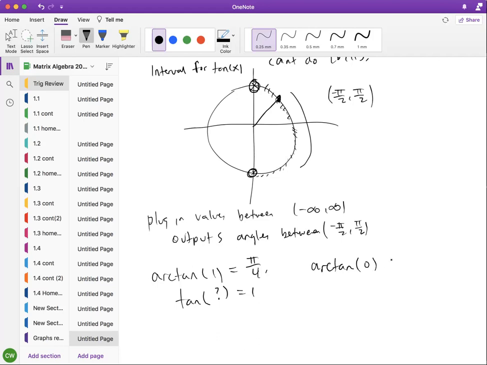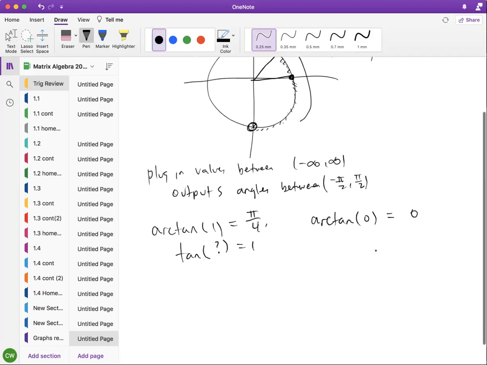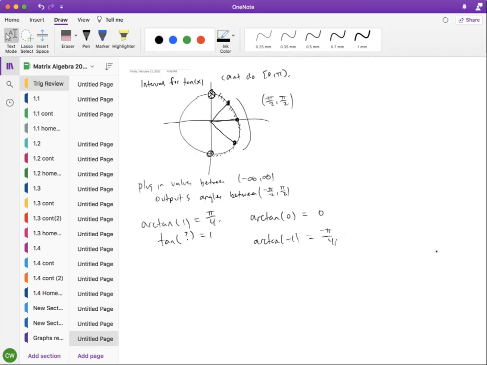Arctangent of 0 is this one here, because sine is 0. Arctan of negative 1 is negative pi over 4.